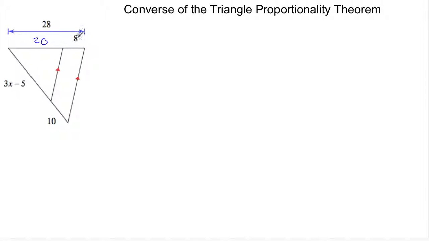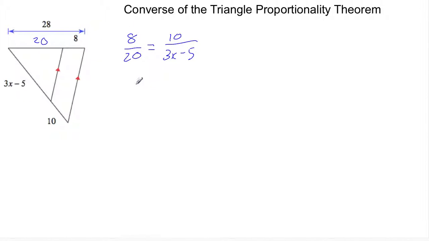So we can say this short side to the long side equals this short segment to the long segment. So we can set up 8 to 20, staying on the same side, equals 10 to 3x minus 5. And there we can see a nice proportion. So again, segment to segment equals segment to segment.